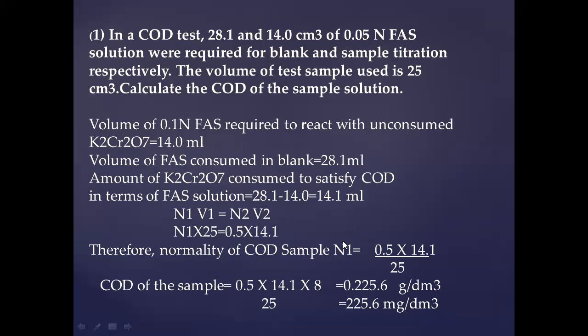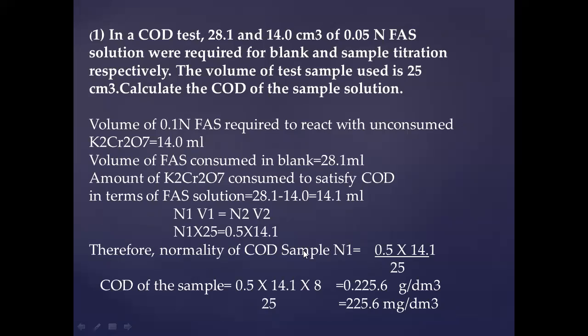It's going to come around 0.0282. That has to be multiplied with 8. Then that has to be multiplied with 1000. So if you do that, you are going to get the answer as 225.6 mg per dm cube.